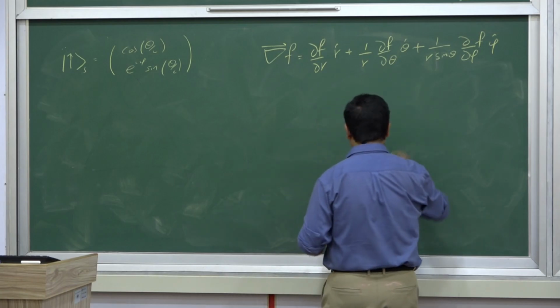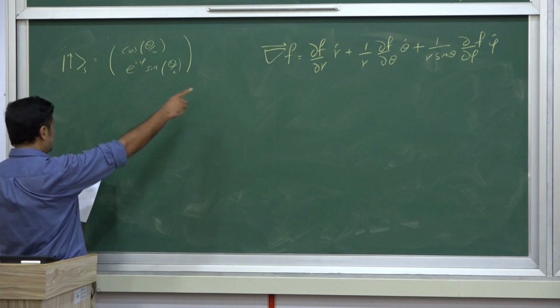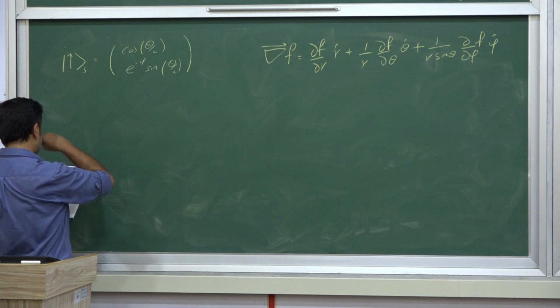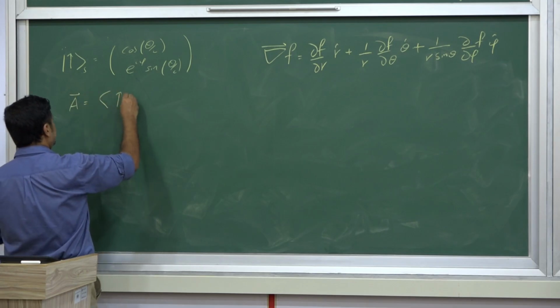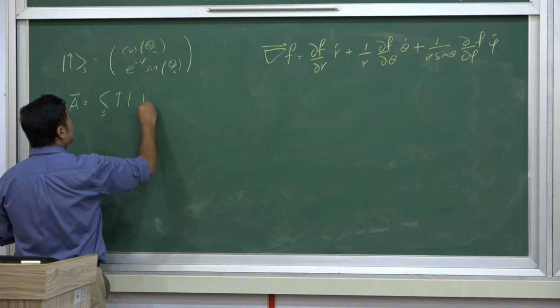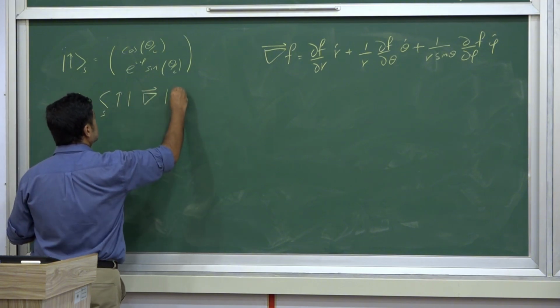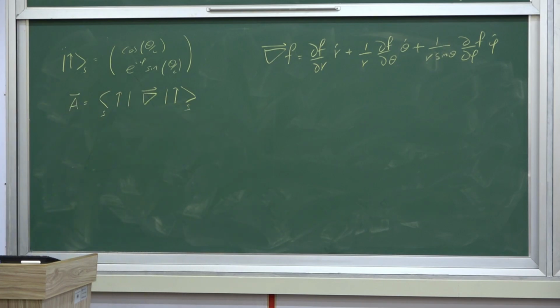So I just want to get my i straight. Anyway, so I have to compute this. This was my connection. And then I have to take the holonomy of this connection.